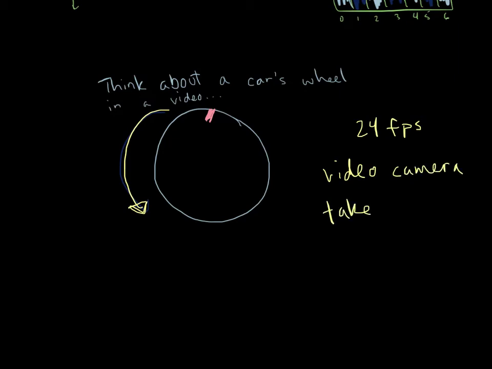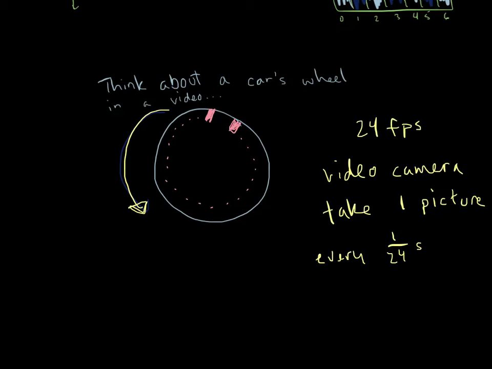takes one picture, one frame of the video, every 1/24 seconds. So, say this wheel is spinning at just the right speed, so that after 1/24 of a second, our red piece of tape has only rotated back around this far, right?